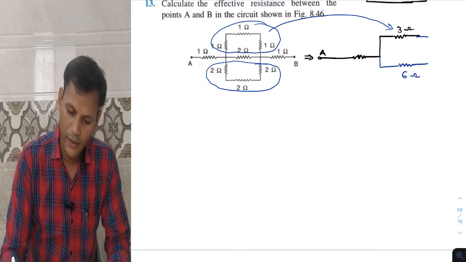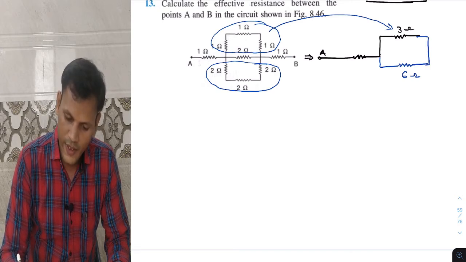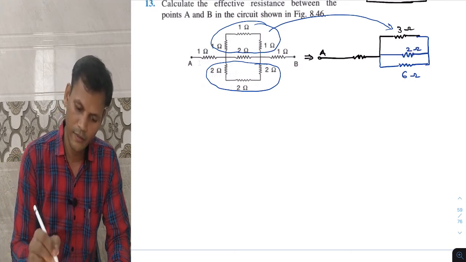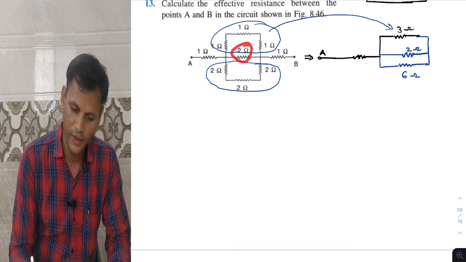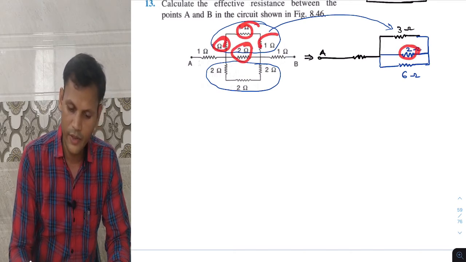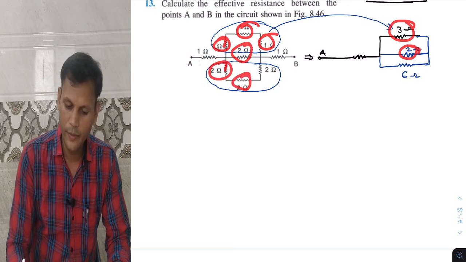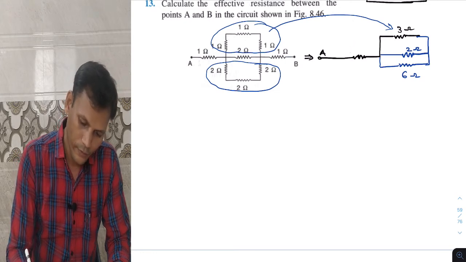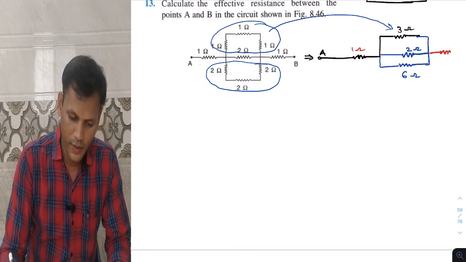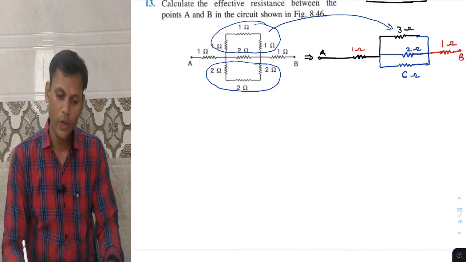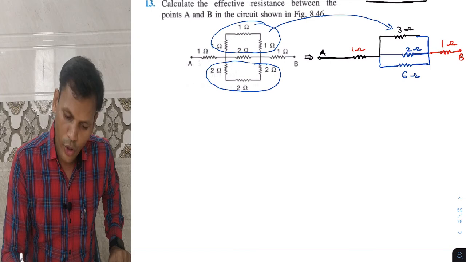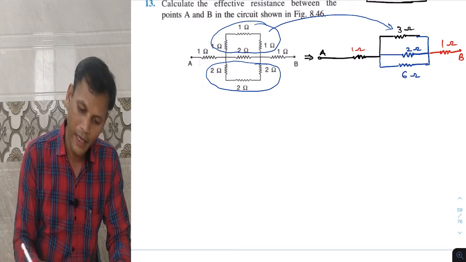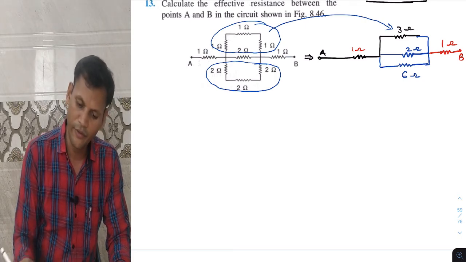Now they are in parallel, and one more resistance is here, that is of 2 ohm. 1 plus 1 plus 1 becomes 3, and 2 plus 2 plus 2 becomes 6, and after that also here is 1 ohm, and later on also there is 1 ohm, and this is B. Now what we have to observe, now 3 ohm, 2 ohm and 6 ohm are in parallel, so we have to calculate from here.